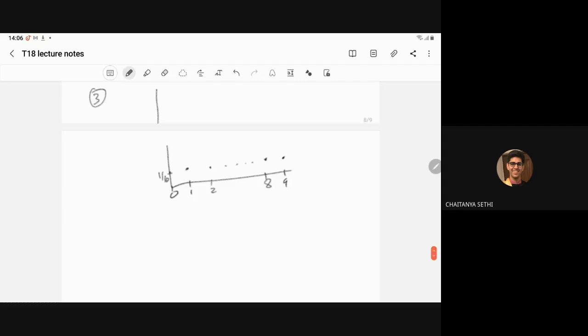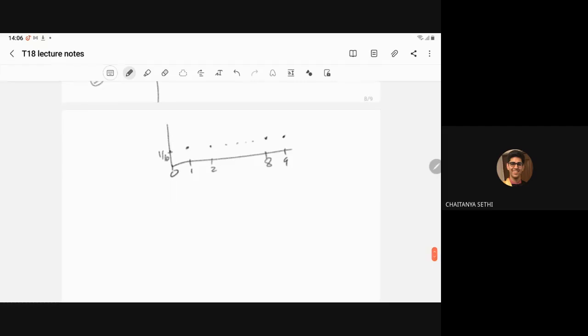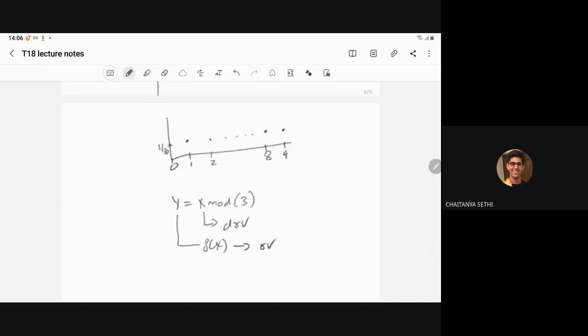All are equally likely to be selected. Now you have defined the new random variable y equal to x mod 3. Here x is a discrete random variable, and y is a function of the random variable, so this is also a random variable.